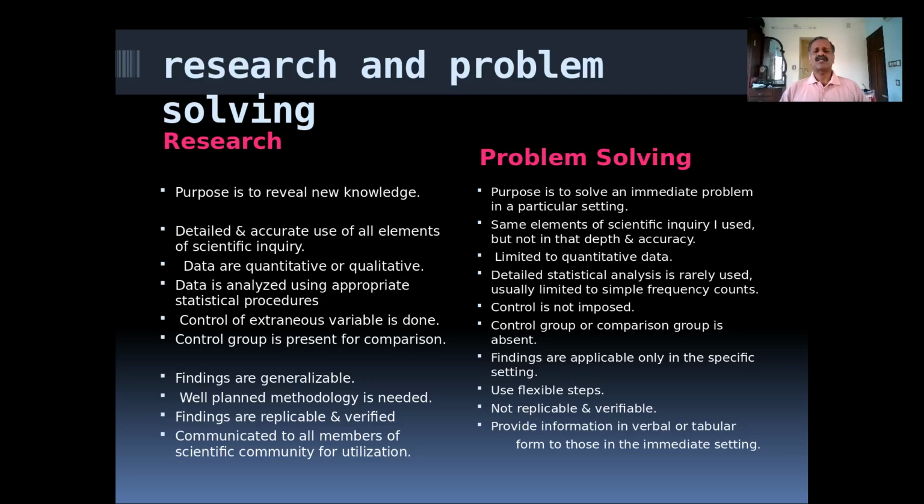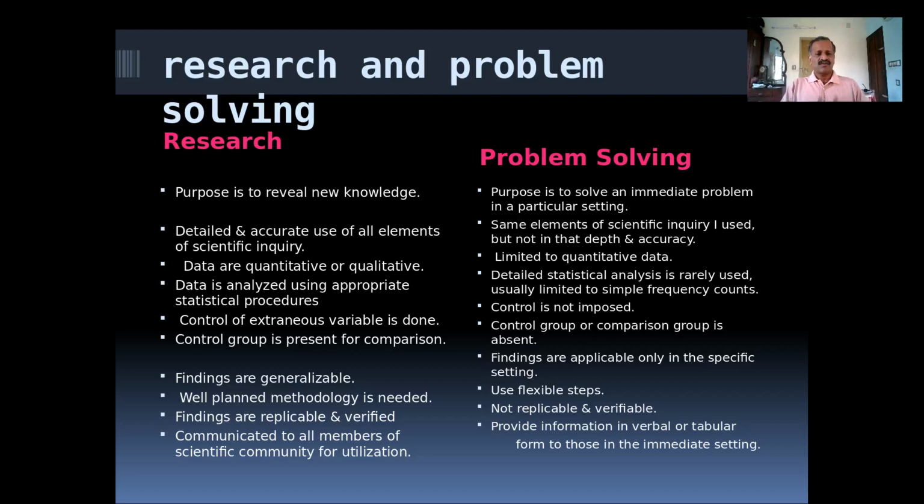Then in research, a well-planned methodology is needed. It's a tedious process. It involves a lot of planning and a lot of steps, and all these steps you have to go through thoroughly, rigidly, in a clear-cut manner. Whereas in problem solving, we use flexible steps. It's not as rigid as research. Then research findings are replicable and verified.